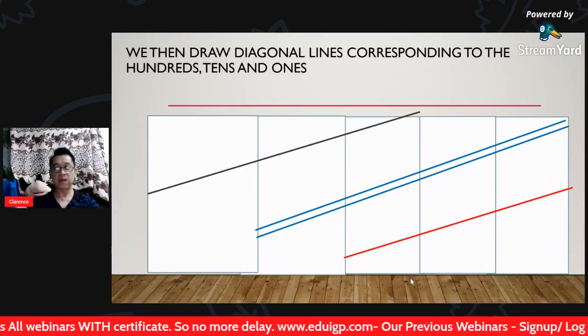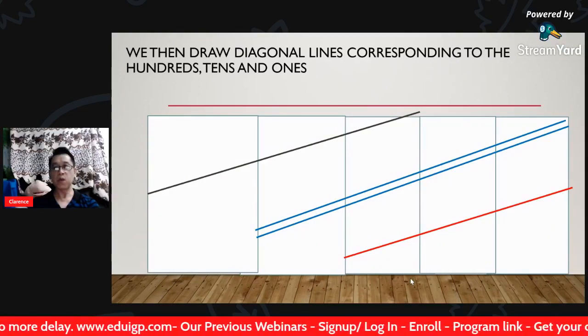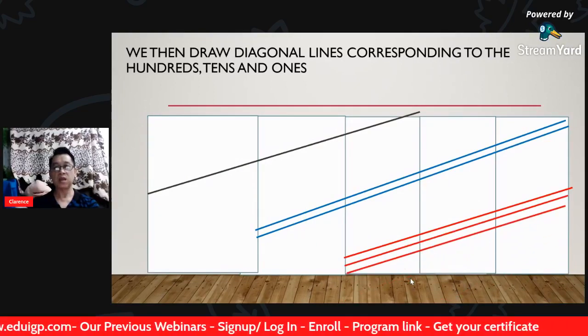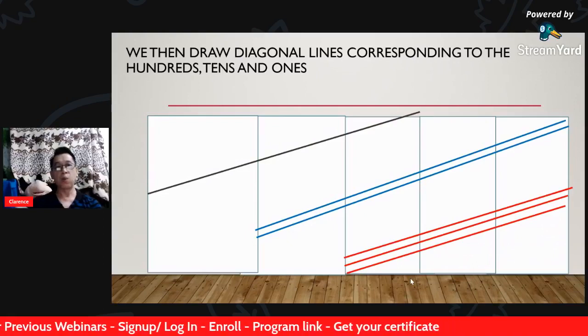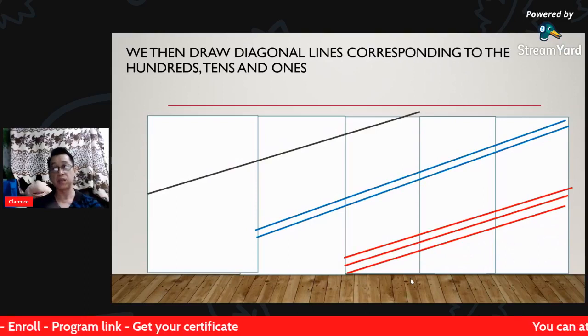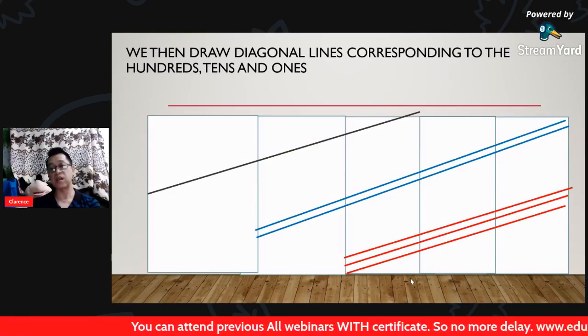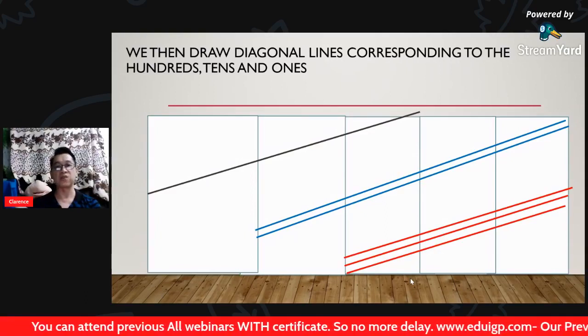So for our example, we have 123. Our 100 is represented by the first line, the black one, and then our two tens is represented by the blue lines, and our three ones is represented by the red lines.